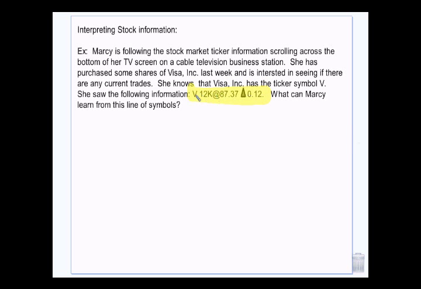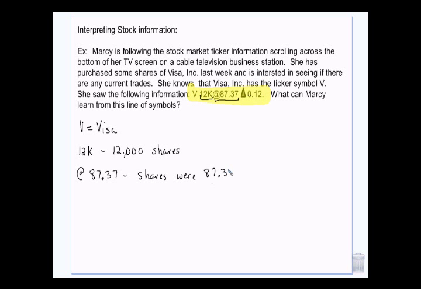And if we want to read that, we see the V for Visa. 12K is the next bit of information. So that's 12,000 shares. Then we have @ 8737, so that tells me the price of each individual share.